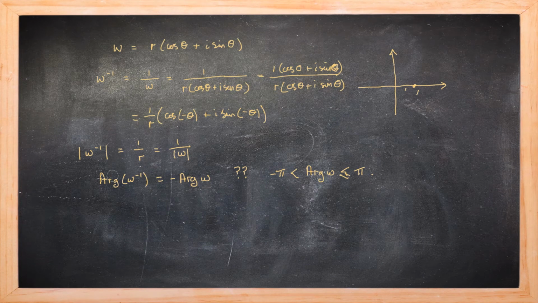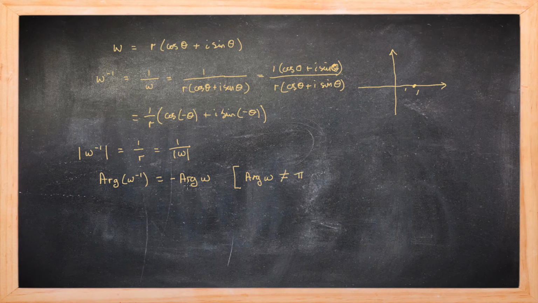So we now realise that when we're involving ourselves with principal values of the argument, this certainly is true, with the one exception: the arg of w does not equal pi.